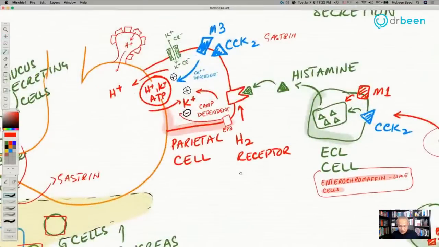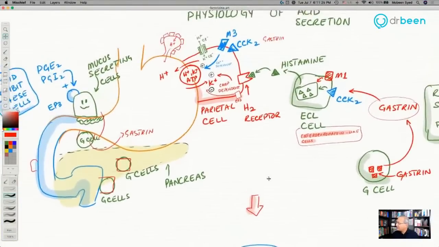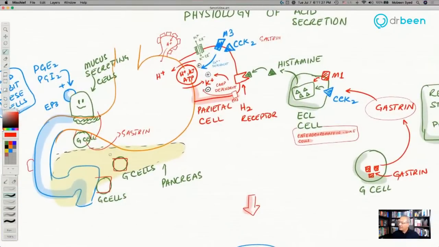So I'm going to zoom this out a little bit and just look at this diagram for a second. Let's start with how we get the acid. I ate some food. Food may have some proteins. Those proteins would cause the stimulation of the G cells. G cells are present in the antrum of the stomach, pylorus of the stomach. They're present in the duodenum and pancreas.